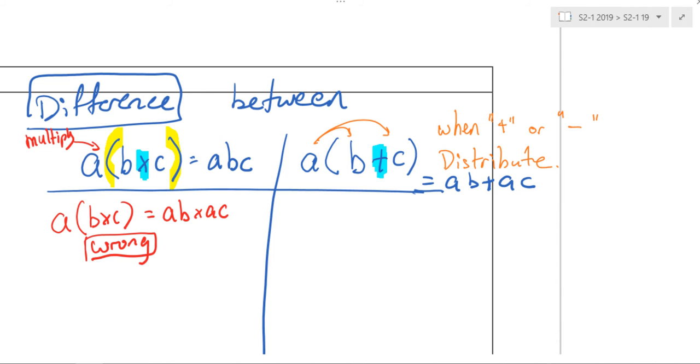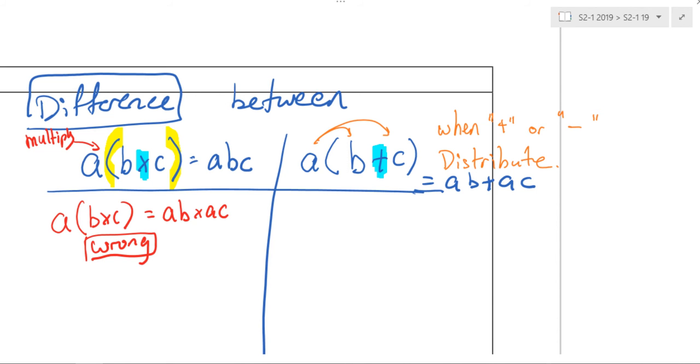Now, I want to show you another way to differentiate. When I have B times C, may I ask you, how many terms are there? Two. Wrong. One. When something is separated by a multiply or a divide, it's one term. Okay?